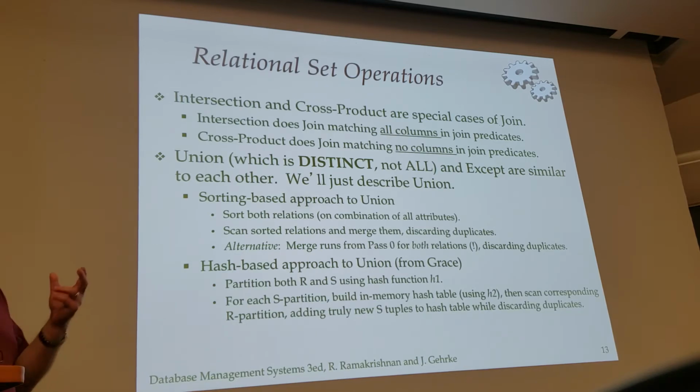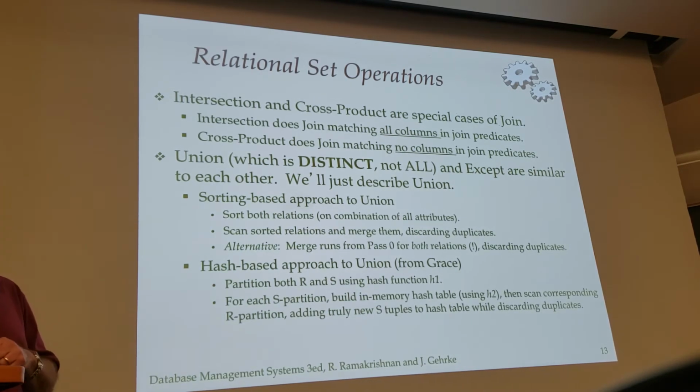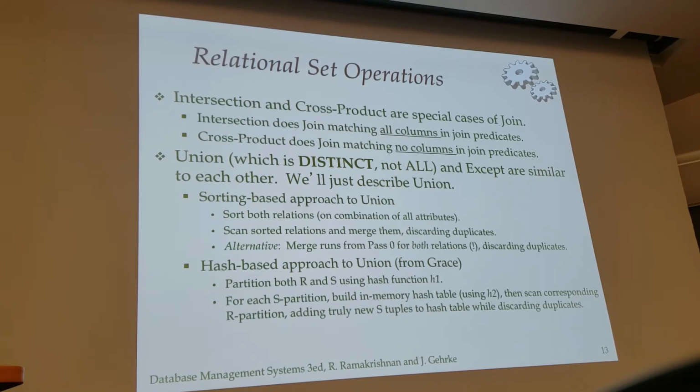So we've talked about join algorithms. We can take advantage of them, although again, cross product is pretty dumb, combine everything with everything. Union in SQL should be called union distinct, and you can write union distinct. But if you just say ordinary union, it corresponds to union distinct. Well, actually, let's start off with union all.